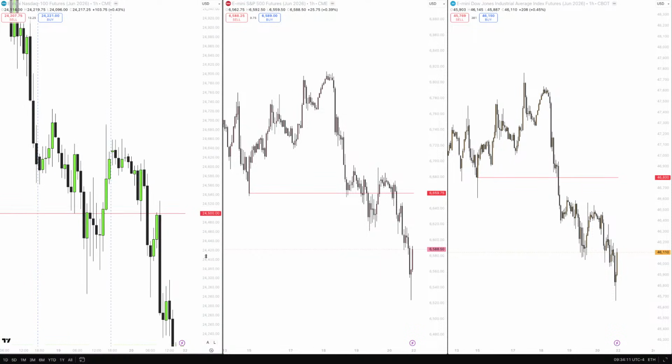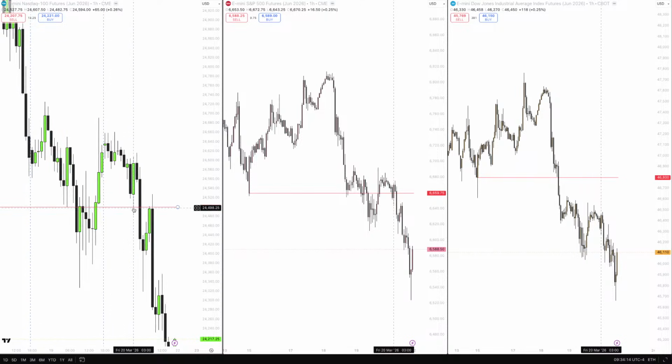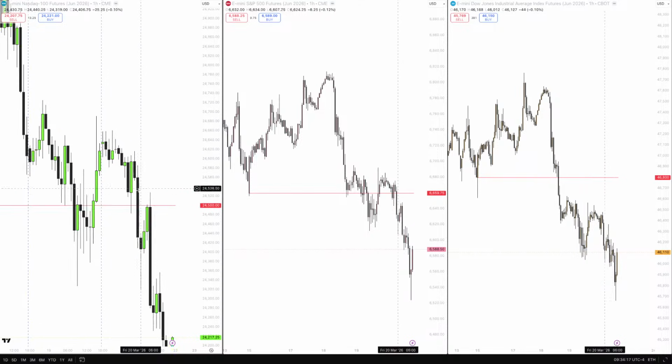But if we see on the other hand, the example we had yesterday, that yes, we first got support at the new week opening, but after that, we displaced below it.